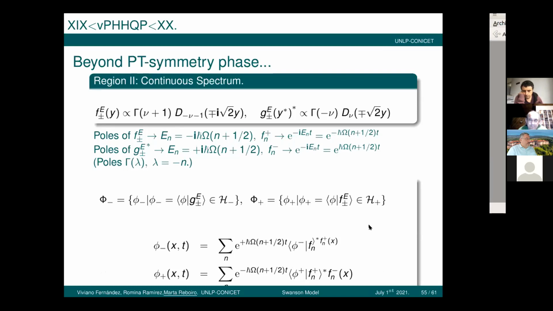We have not advanced yet in the computation of mean values of observables as a function of time. We're just matching the eigenfunctions in each region of the model parameter space.